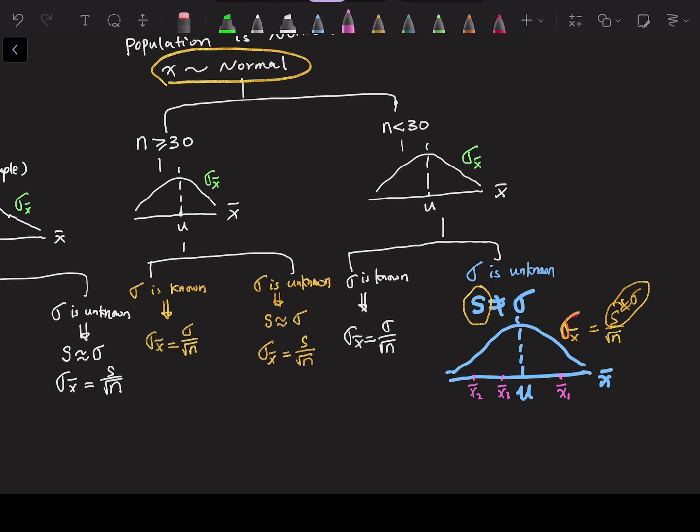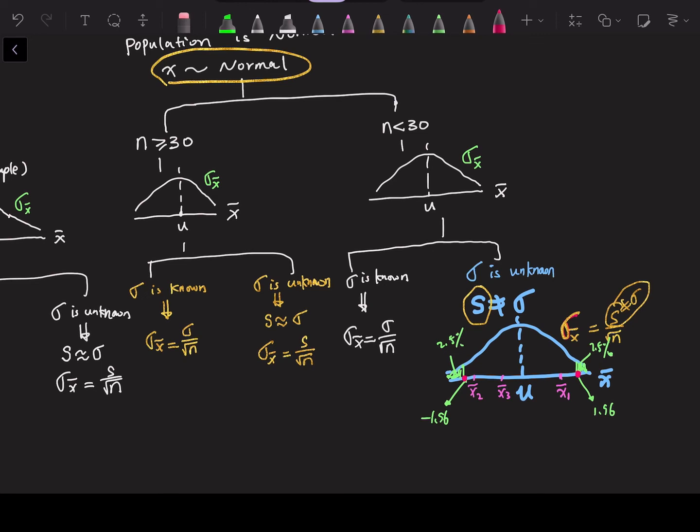For example, if this is 2.5% and this is 2.5%, the corresponding z-score will be negative 1.96, and the corresponding z-score for this point is positive 1.96. That means this value of x bar is 1.96 standard deviations above the mean, and this point is 1.96 standard deviations below the mean.